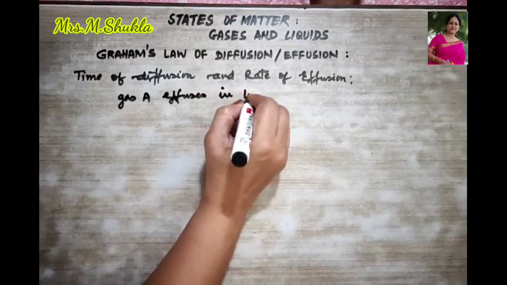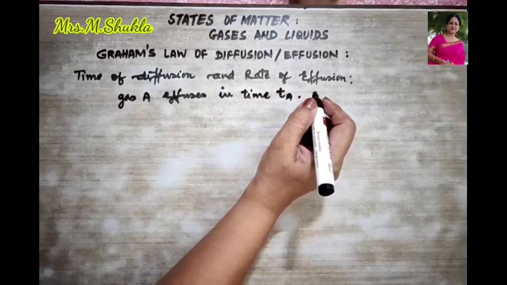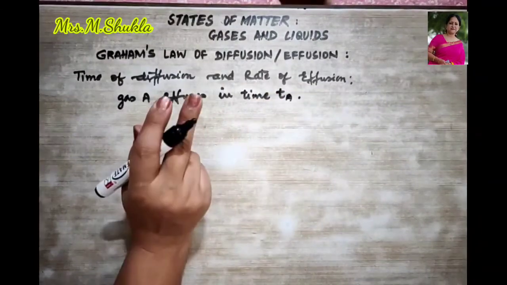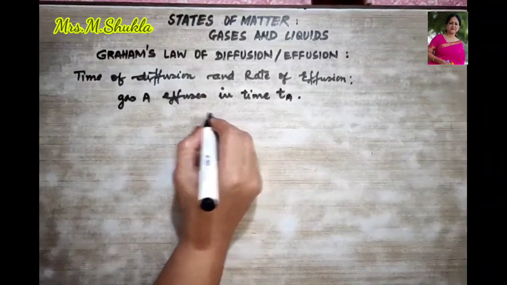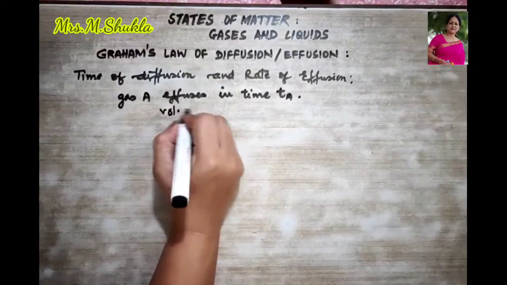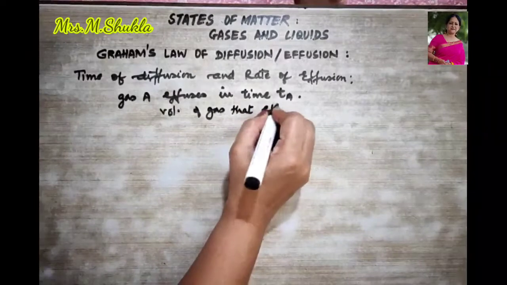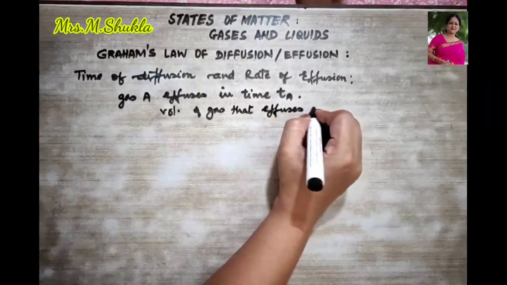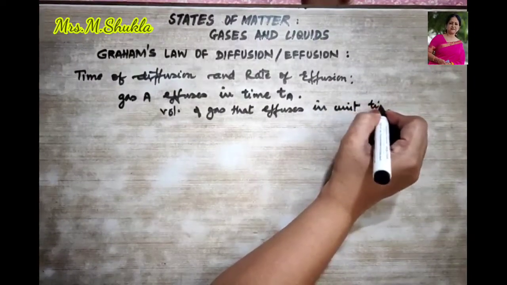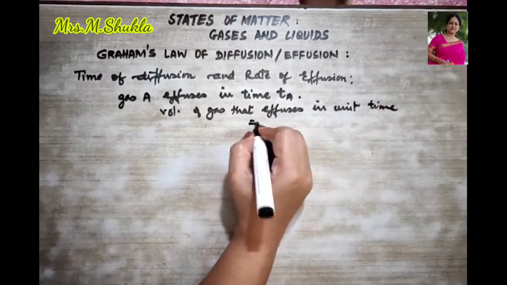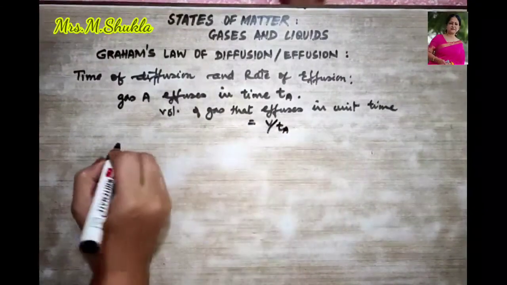Then the volume of the gas that effuses in unit time will be equal to V upon TA.